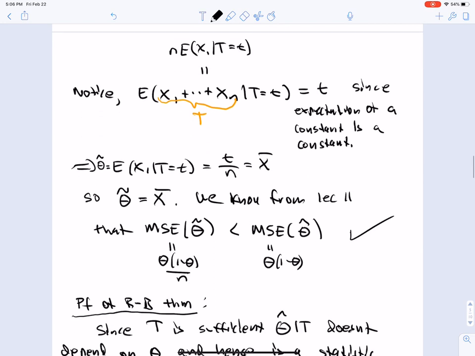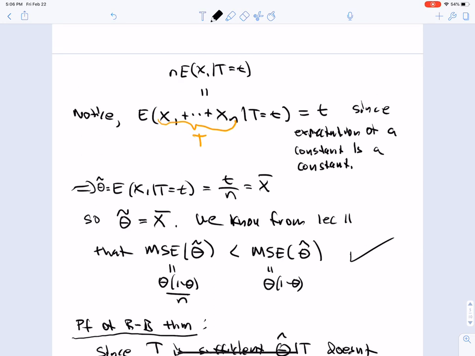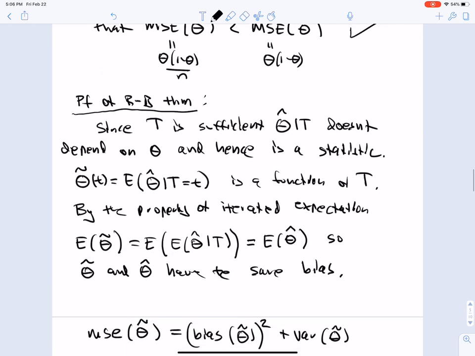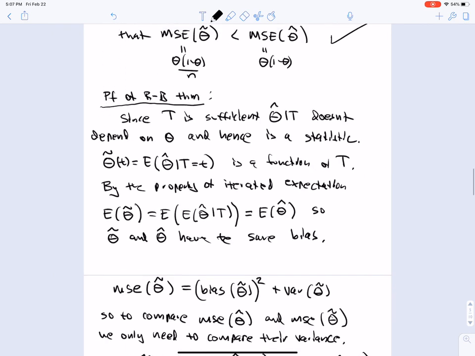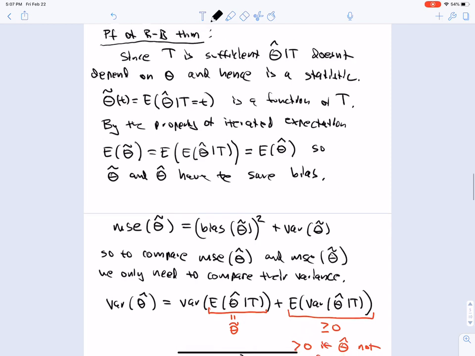So we have now a new estimator, which by lecture 11 we know has a smaller MSE than the estimator that we started with. So it's worthwhile looking at and understanding the proof of the Rao-Blackwell theorem.